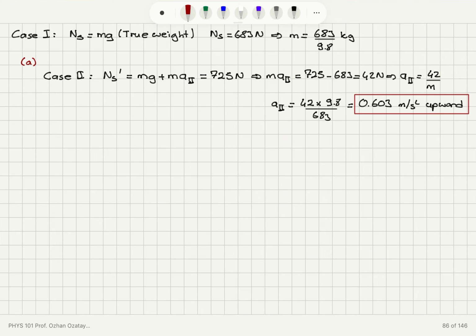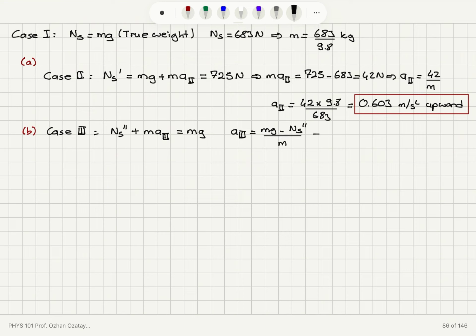In part B, we have the third case, case number 3, where the normal force from the scale plus the fictitious force, mass times acceleration, will be equal to the weight of the object mg. So the acceleration in the third case will be equal to mg minus the normal force Ns double prime divided by m.